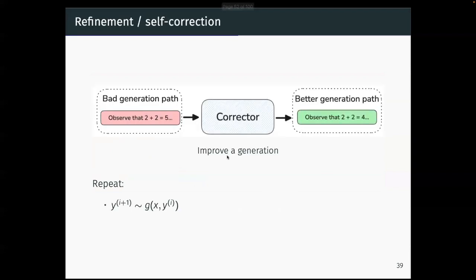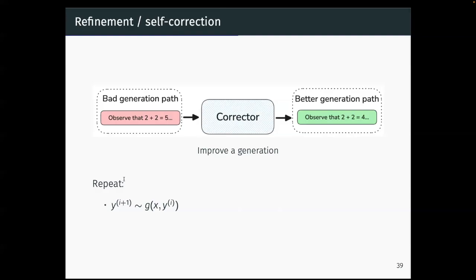Okay, so then the next pattern is called refinement or self-correction. Here the idea is you start off with some initial output. It could be generated by a language model. And then you want to have some model, a correction model or refinement model, to basically take in this output and produce a better one.